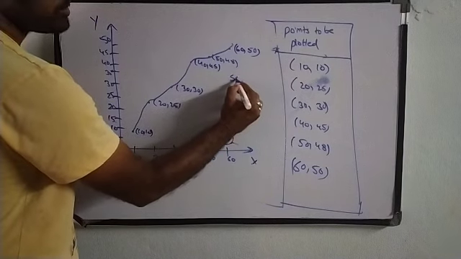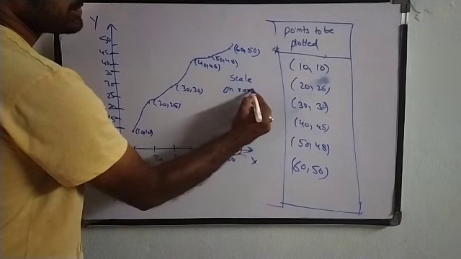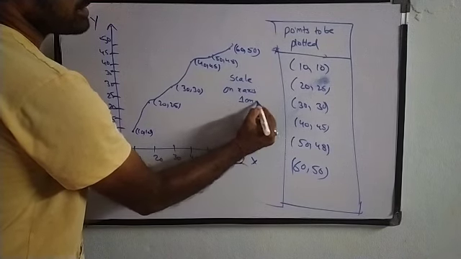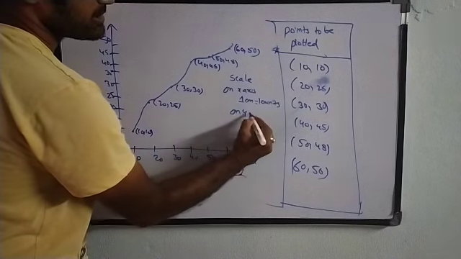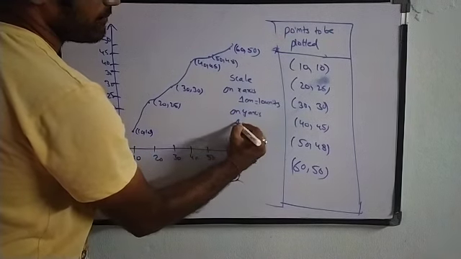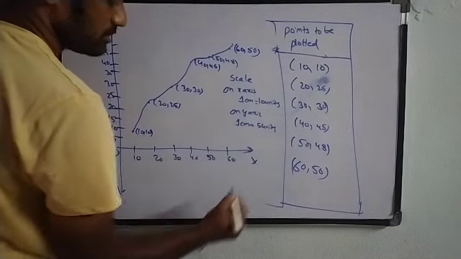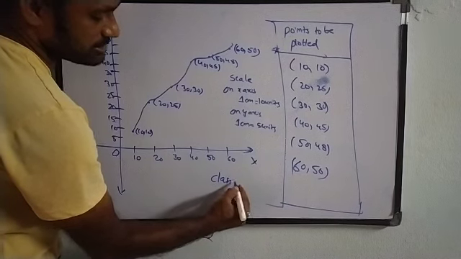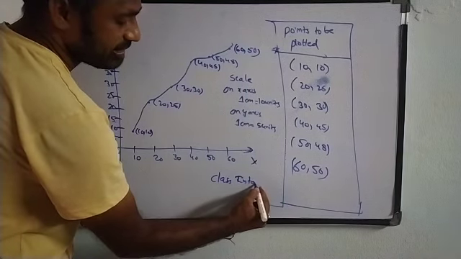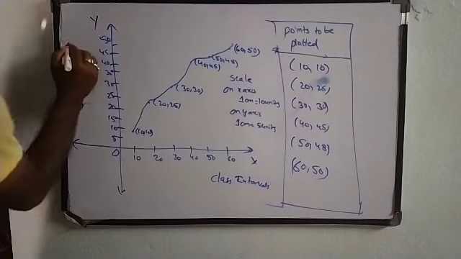On the left hand top side we need to write the scale. On the x-axis we have taken 1 centimeter equals 10 units. On the y-axis we have taken 1 centimeter equals 5 units. On the x-axis we have taken class intervals, and on the y-axis we have taken cumulative frequency.